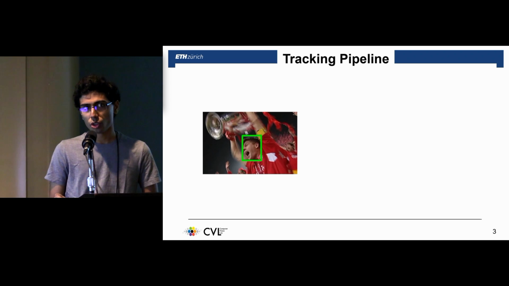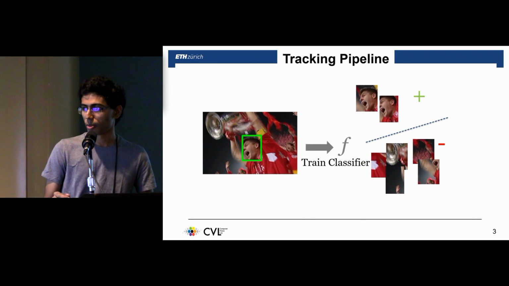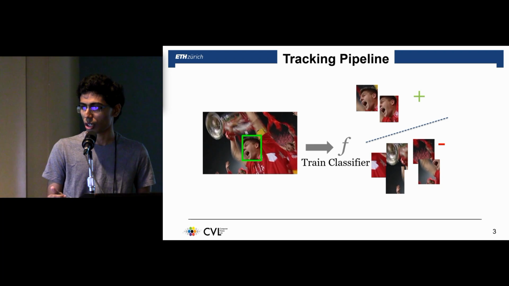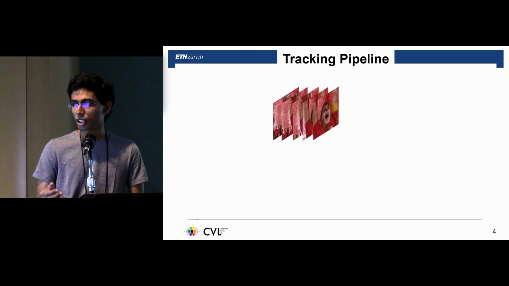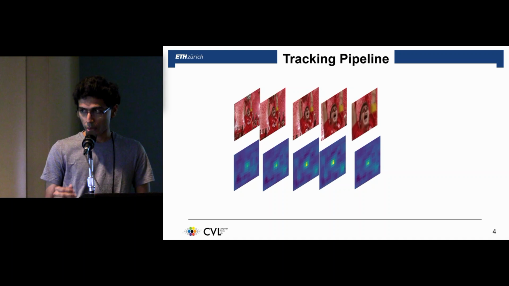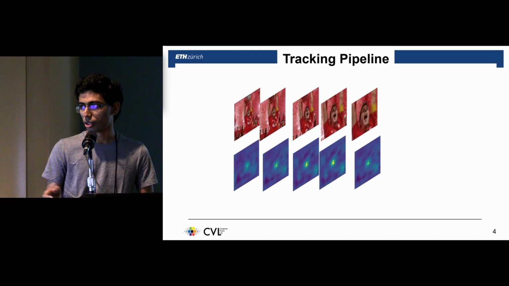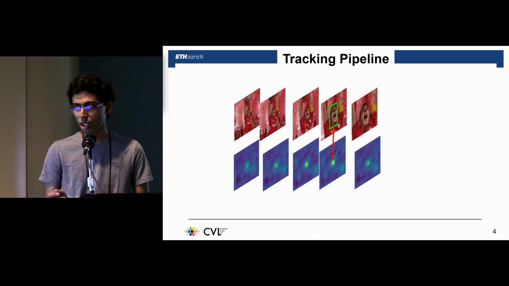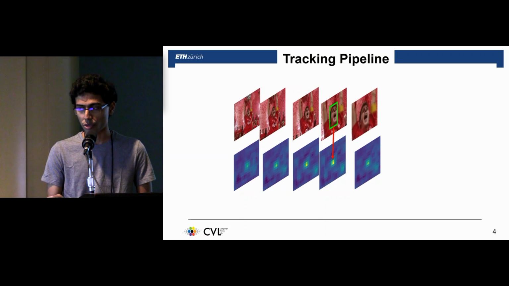Given a video sequence with annotation in the first frame, the trackers train a classifier to distinguish the target from the background. Next, given the test frame, they conduct a multi-scale search to get the score maps, and the location and the scale which obtains the highest score gives us the new target state in the current frame.